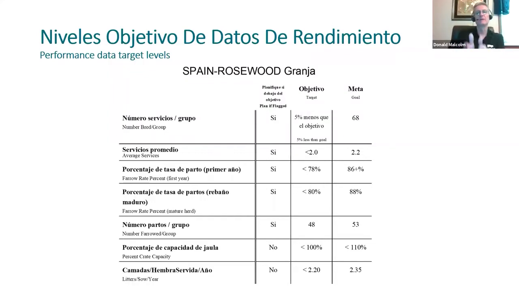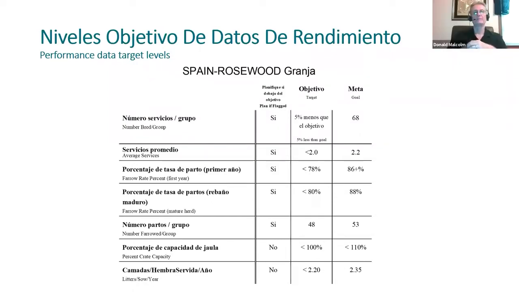This would be the minimum level acceptable by the farm. And the meta would be the goal. That's where we want to be eventually. And then the first column determines whether or not a plan of action would need to be written if the minimum was not met.